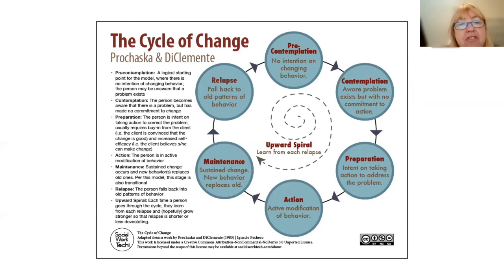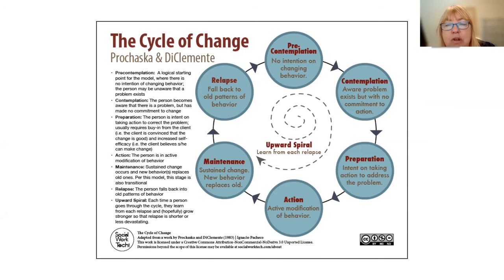So Prochaska and DiClemente have identified, as I said, the relapse point, which is really important. But also what they've identified is that it's okay to relapse. That is something that some of the other models don't really think about, that we accept the fact that people are human and people may fail a few times before they get there.